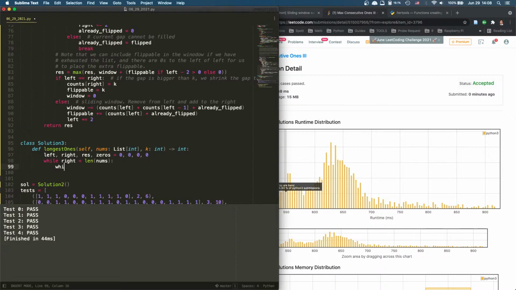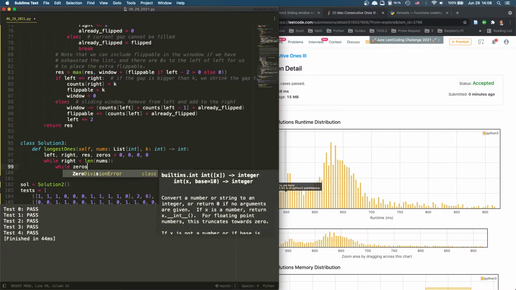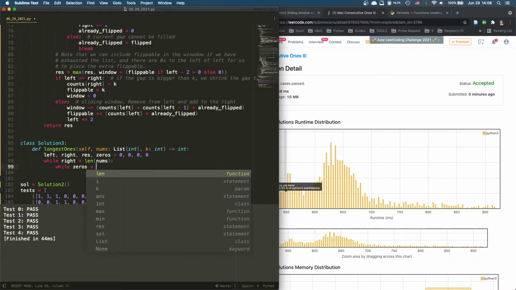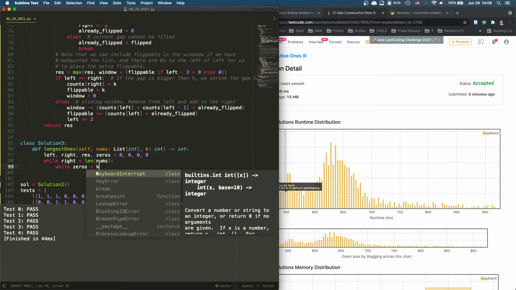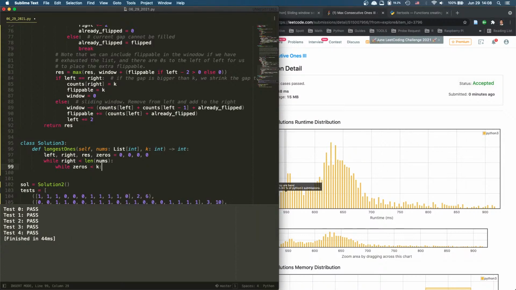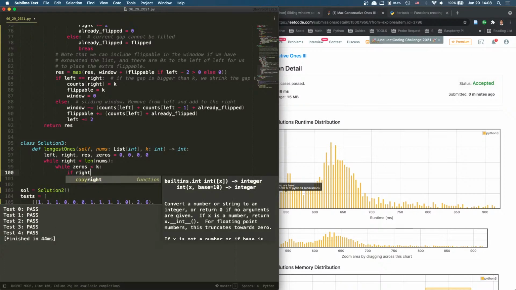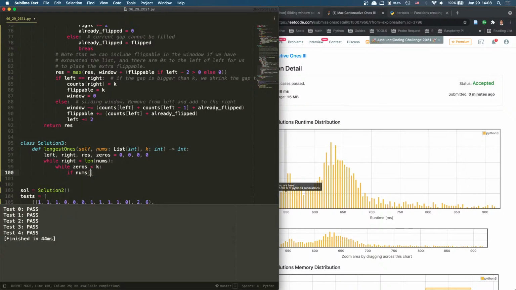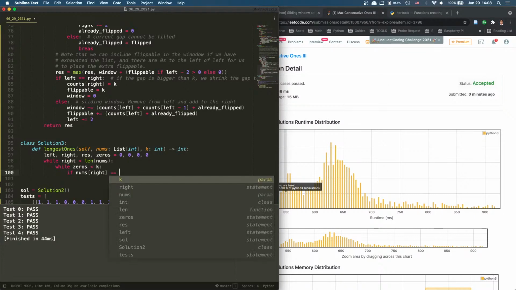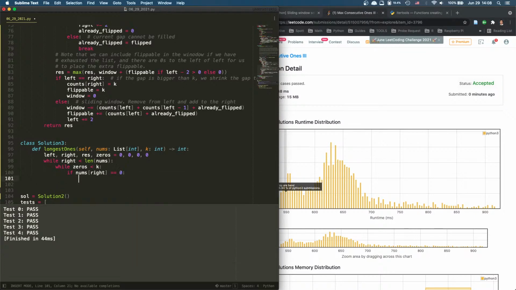So we say while zeros is smaller than k, then if nums right is equal to 0, then zeros plus equal to 1.